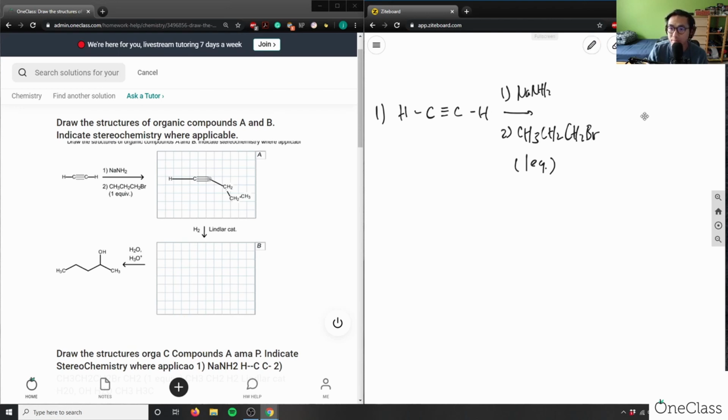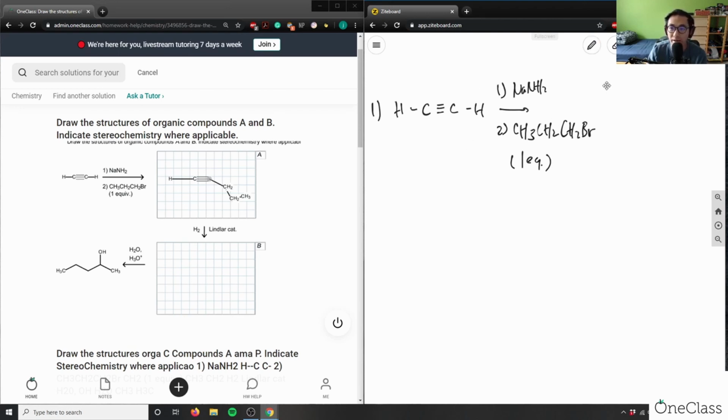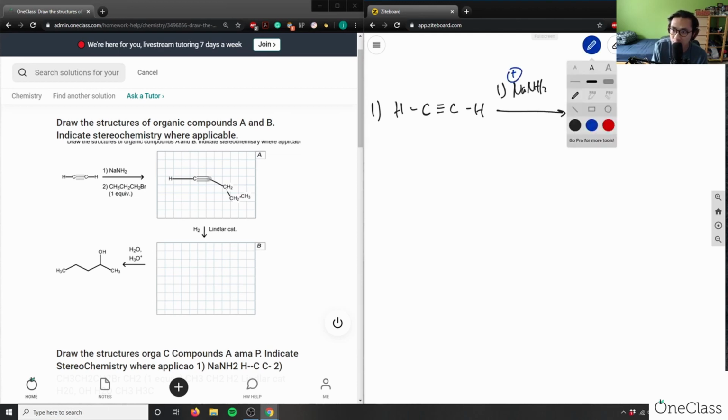So the first step here, if I have an alkyne, let me just do the first step actually. It's going to become a nucleophile, right? We have the positive charge on the Na and the negative charge on the NH2 here. You know that this is associated as Na plus and NH2 minus.